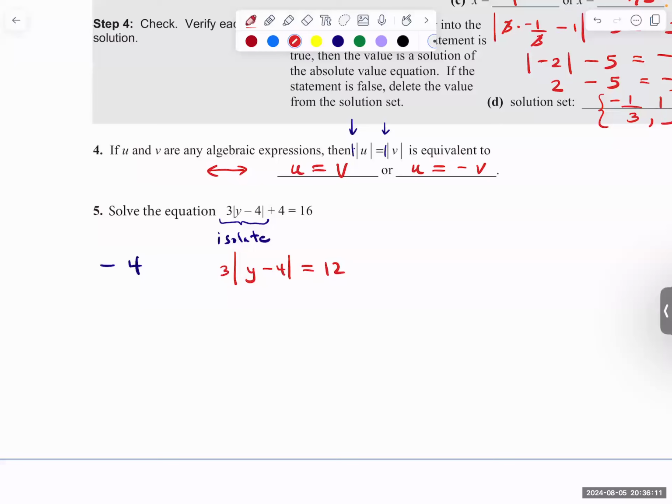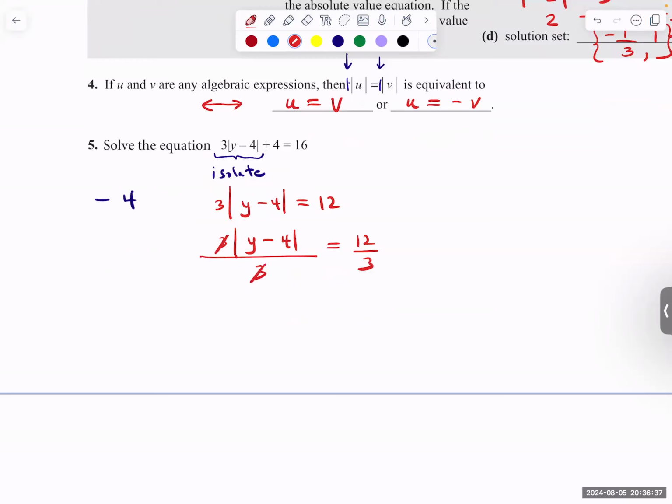We cannot distribute the 3 over the absolute value bars. That would be incorrect. So now we want to get the coefficient on the outside, the 3, to become a 1. So we'll divide by 3 on both sides. So 3 times absolute value divided by 3 is equal to 12 divided by 3.